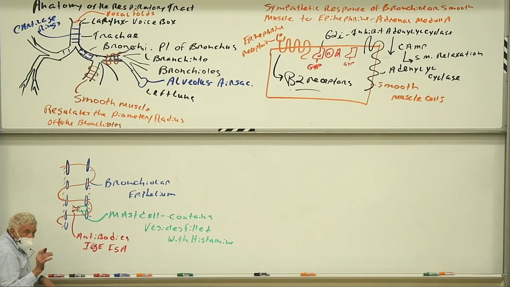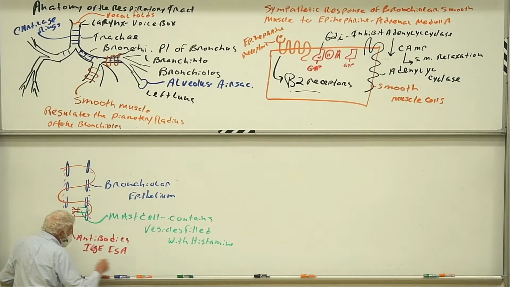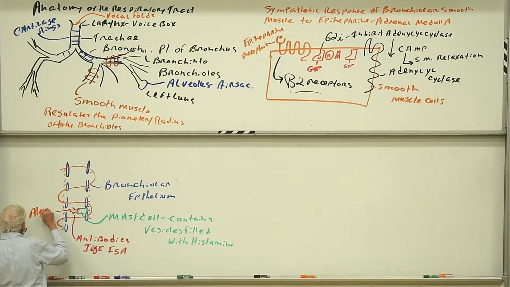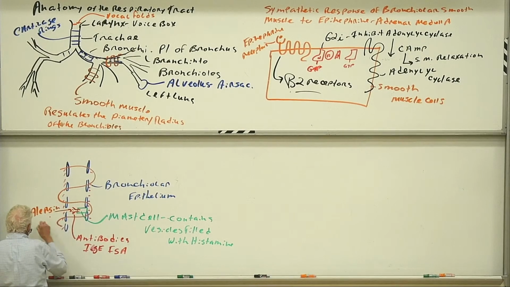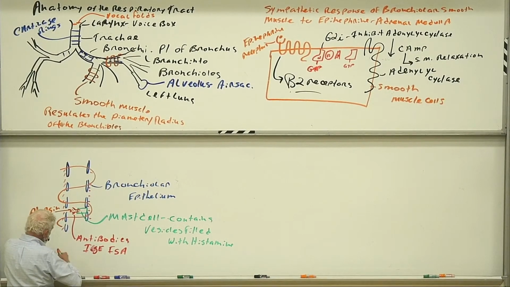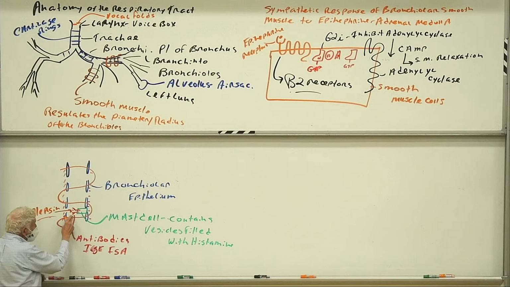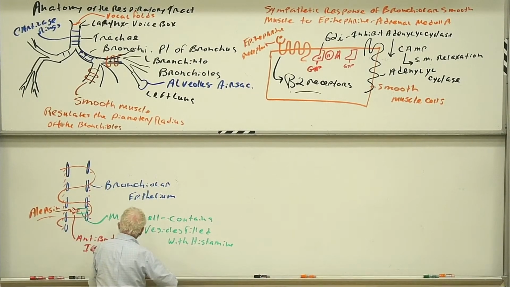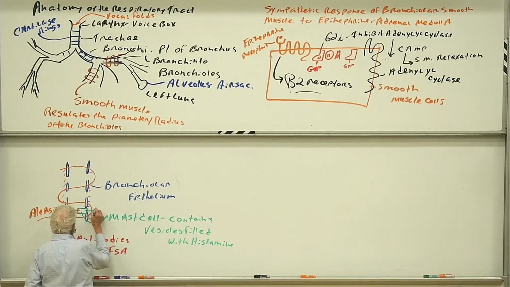These antibodies can cause problems because they can bind to an allergen. Among the most notorious of these are peanut lectins, which will bind to these and cause a massive release of histamine. So we get the histamine release.